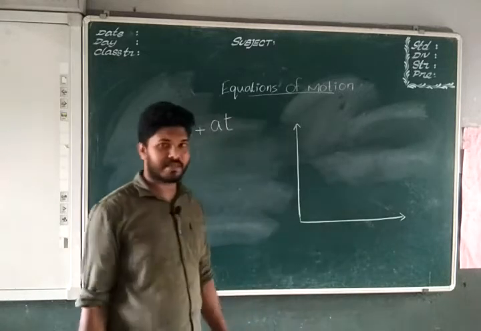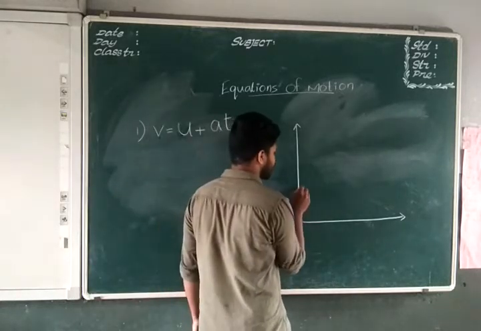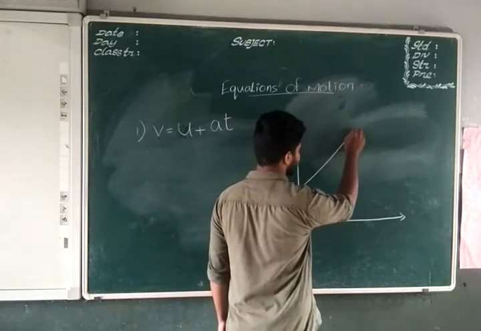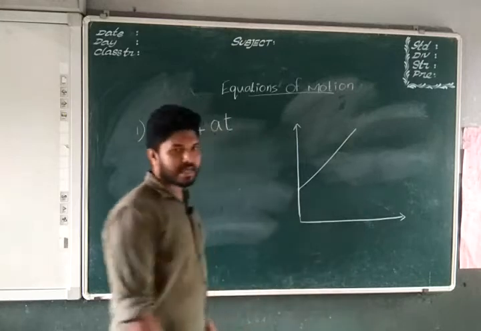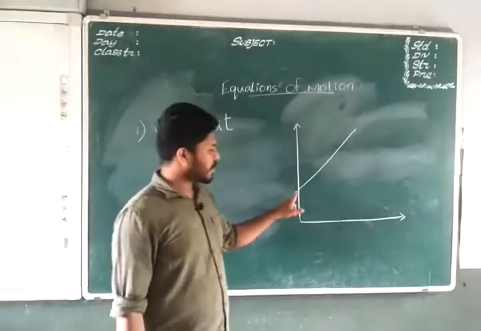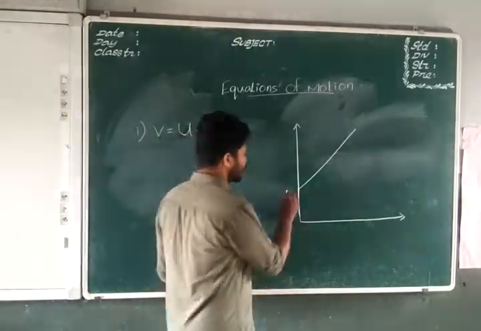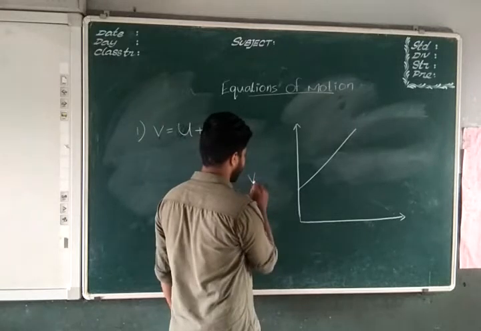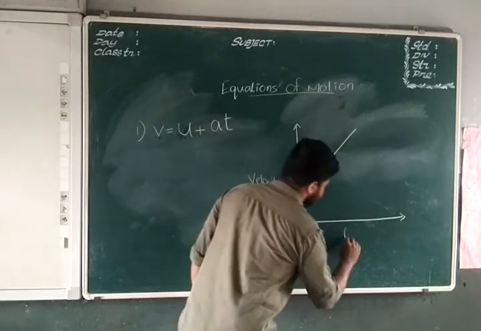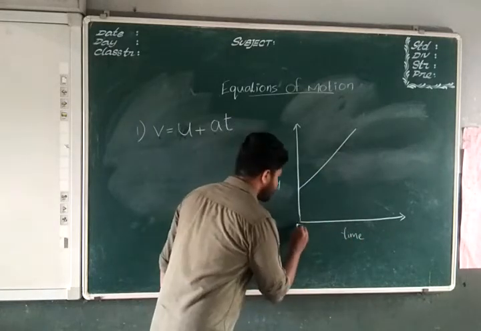It's moving with the initial velocity U and a final velocity V. As it is moving with uniform acceleration, we can represent it by using a straight line inclined to the x-axis. Here velocity, here it is time. So velocity time graph.